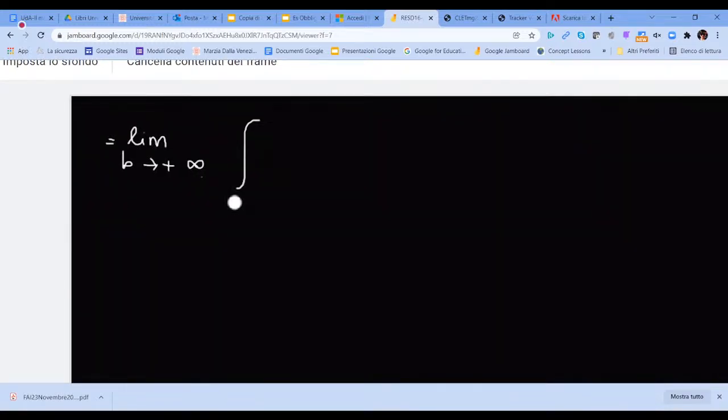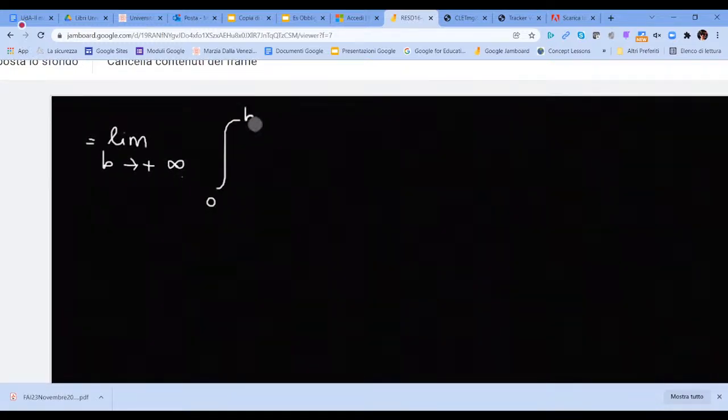That means that we have the limit for b approaching plus infinity of the integral from 0 to b of 2 divided by x plus 1, and I can split the sum, as I said before.